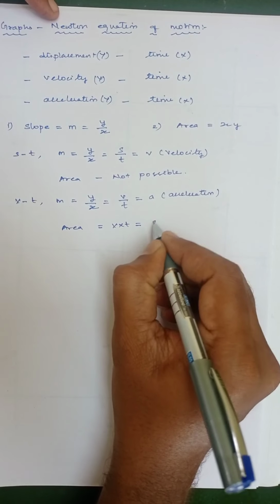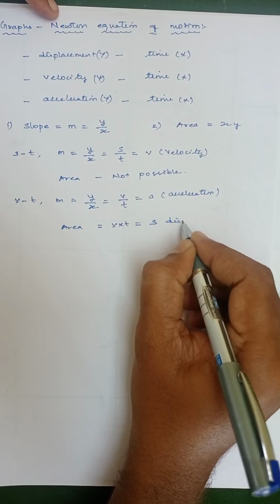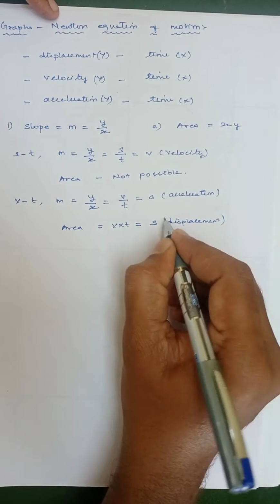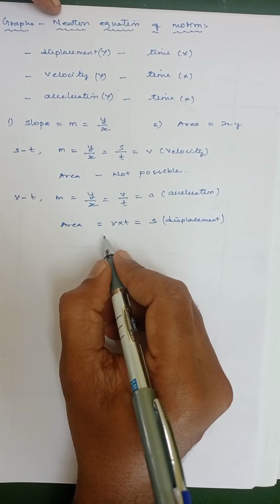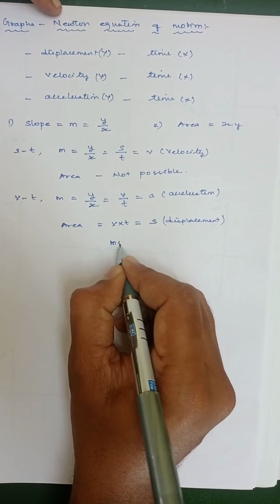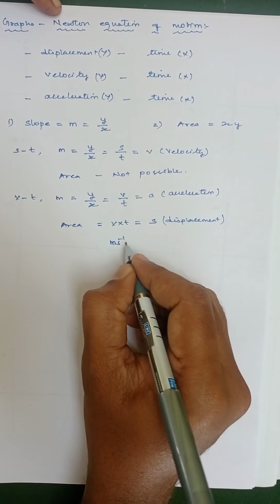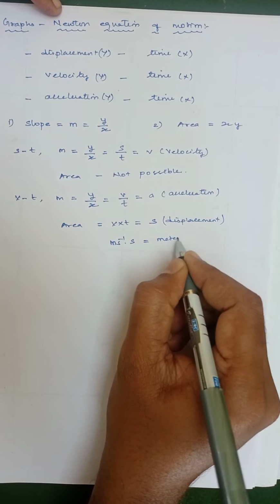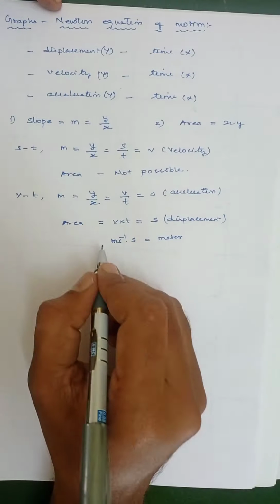So this gives displacement. This is another method. Here velocity in m s^-1 into time in s gives meters, which is displacement.